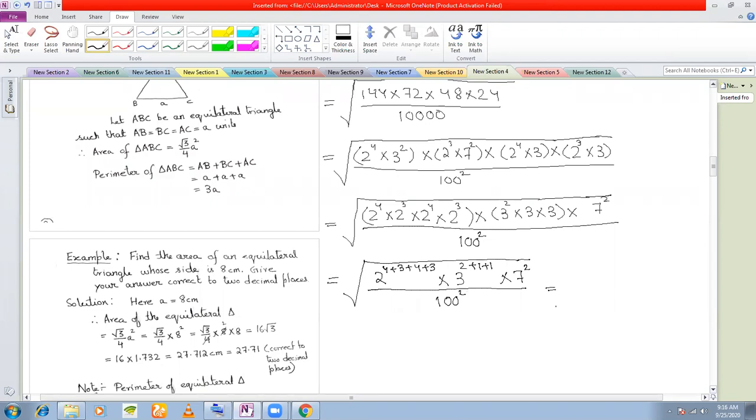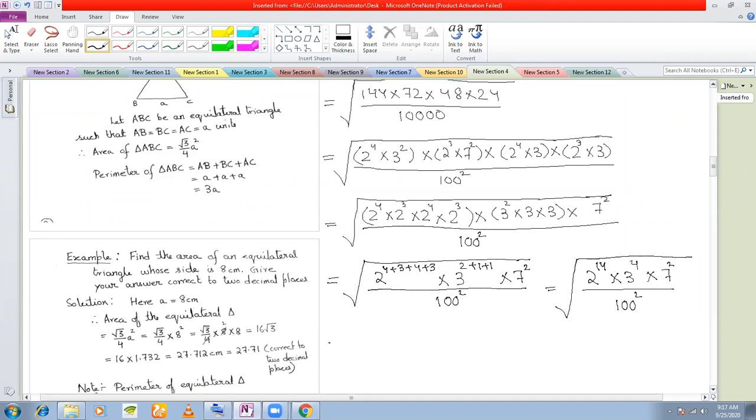So this is the square root of 2 to the power of 14 into 3 to the power of 4 into 7 square divided by 100 square.